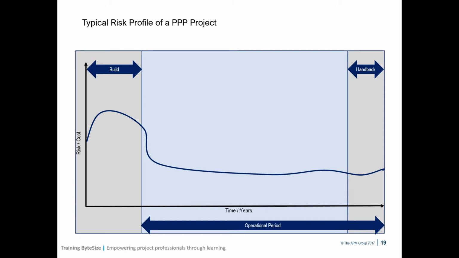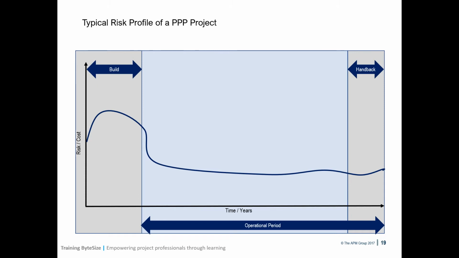One of them is the build phase, and that's followed by the operational phase. However, towards the end of the operational phase, we have a period prior to handback, before the asset is returned to the public sector. And during that period, the private sector SPV may have to put money into maintaining some of the assets, such as a roof and so on. So that becomes a more risky period.